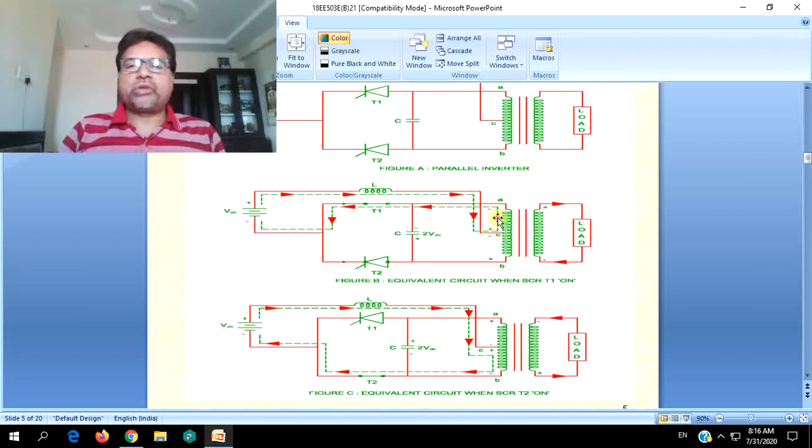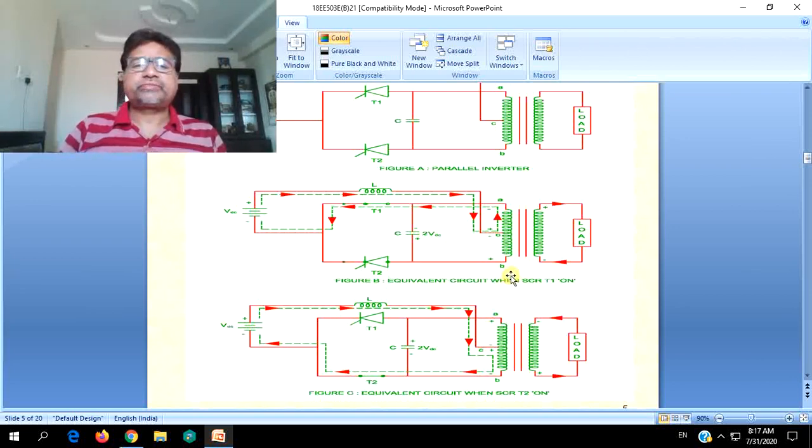There will be a corresponding EMF induced inside the upper half of the primary in the direction CA, and a flux will be generated. The same flux will also flow through the other half, the lower half, of the primary winding. So again, an EMF will also be induced inside the other part of the primary, but in the reverse direction.